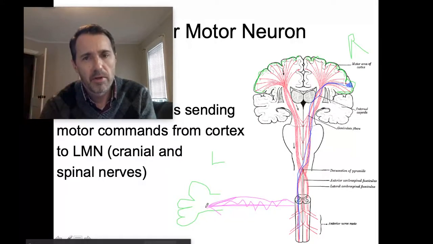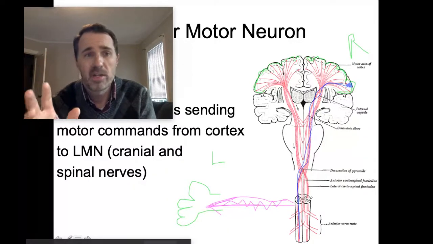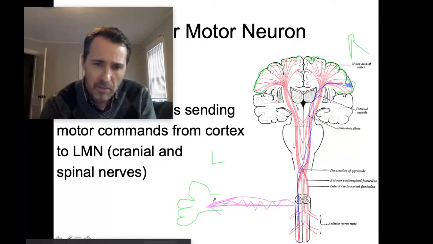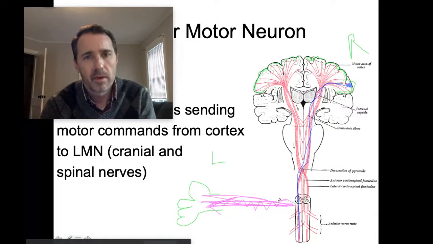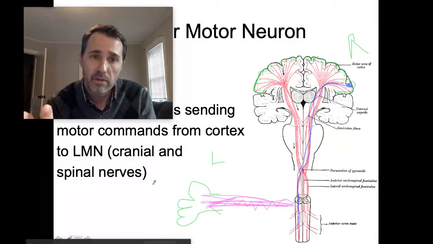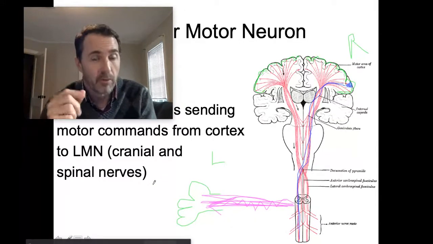So the upper motor neurons are descending motor pathways within the central nervous system. And your motor pathways within the peripheral nervous system are referred to as your lower motor neurons. So the lower motor neurons exist within the cranial nerves and the spinal nerves, the peripheral nervous system.